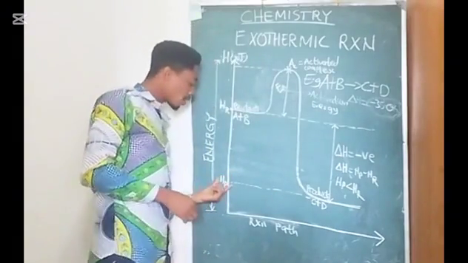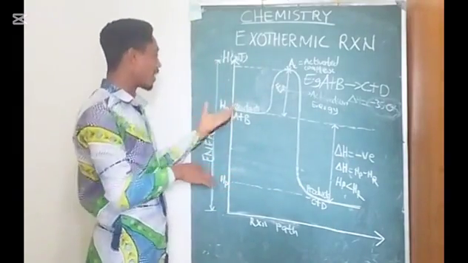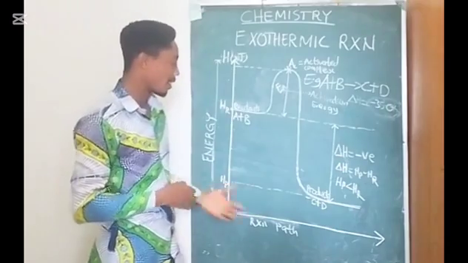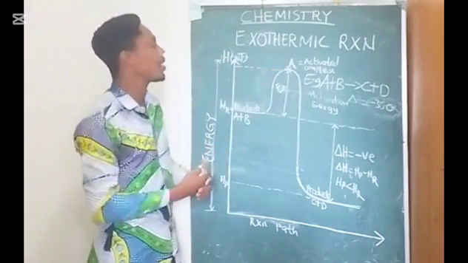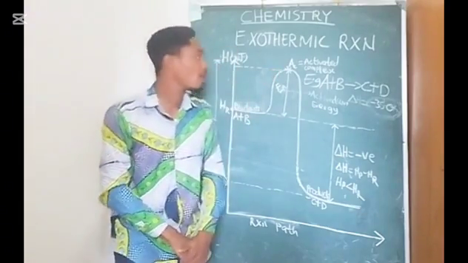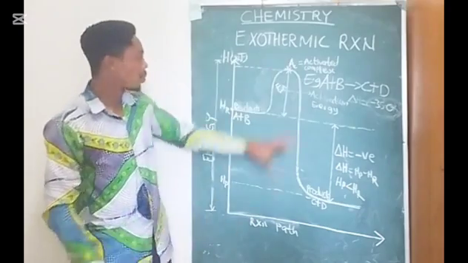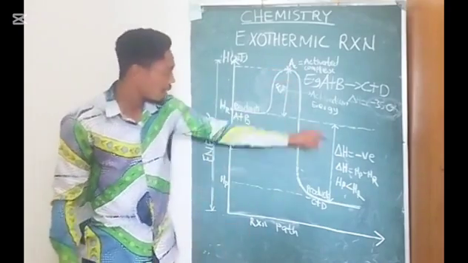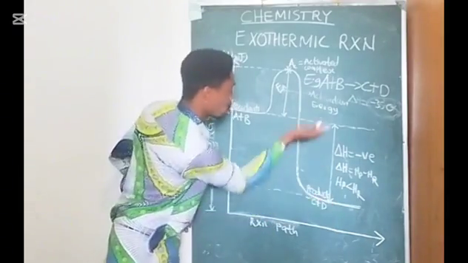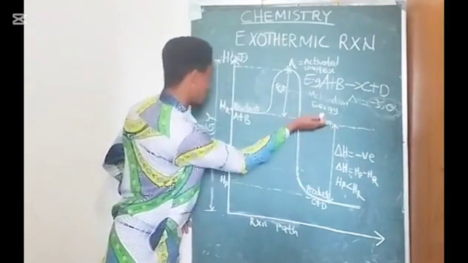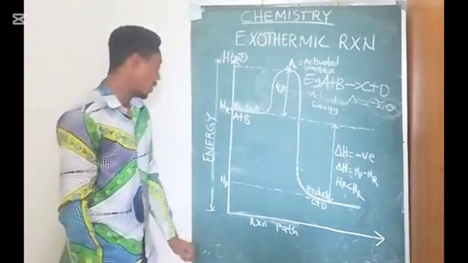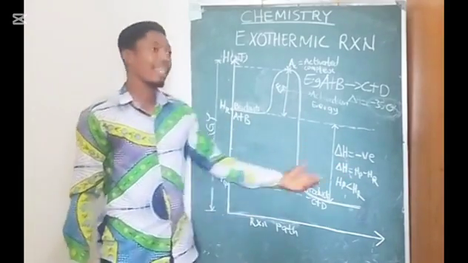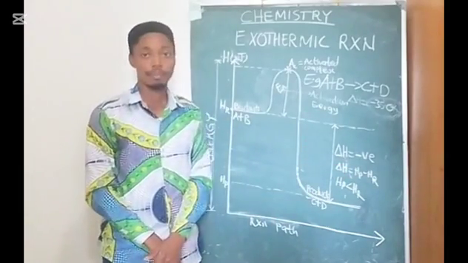That means the heat content of the product is lesser than the heat content of the reactant. So this is the summary of the profile diagram of an exothermic reaction. Activation energy, and the difference between the product and the reactant, that's the heat content, gives you the enthalpy change.